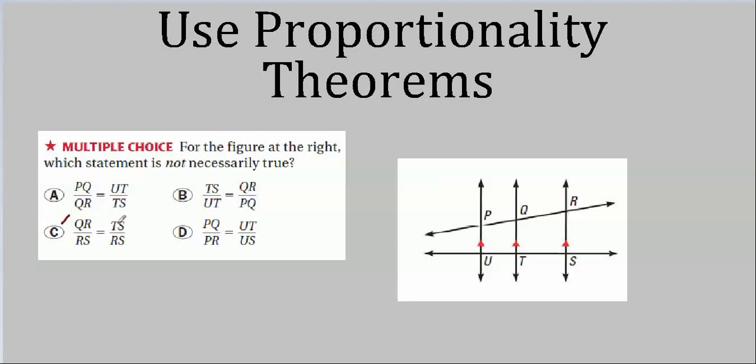This is the one we can't say for sure is true. Can't say for sure that it isn't true either. We don't have any postulates or theorems that would tell us about this one way or the other. I'm referring to C here, QR over RS, and then TS over RS. Seems unlikely they would turn out to be the same, because it seems unlikely that QR and TS are congruent.